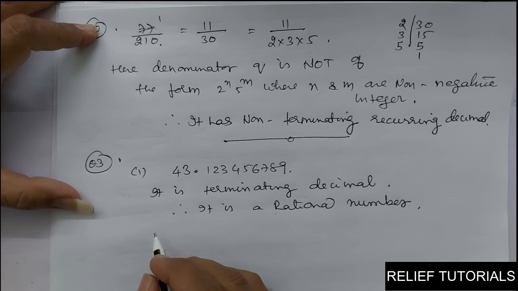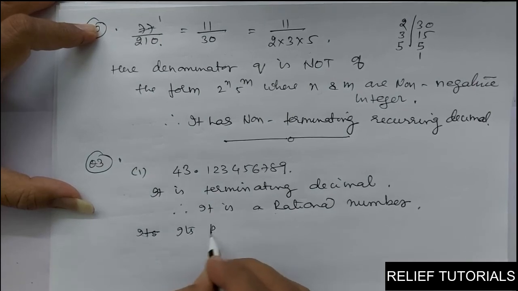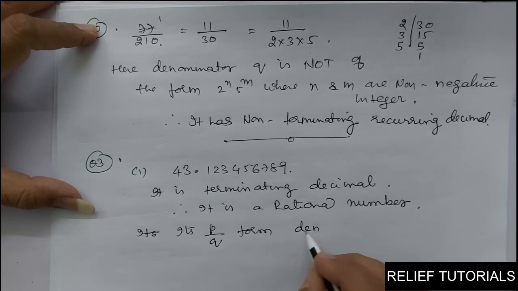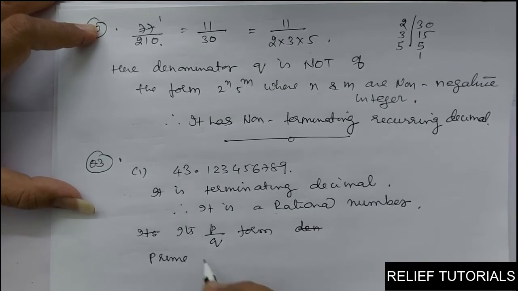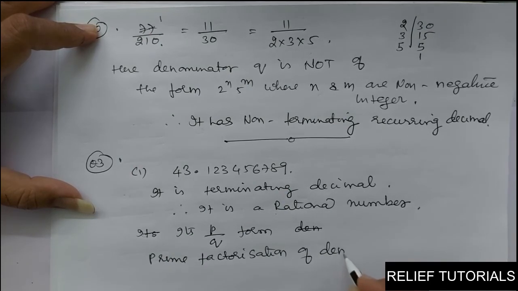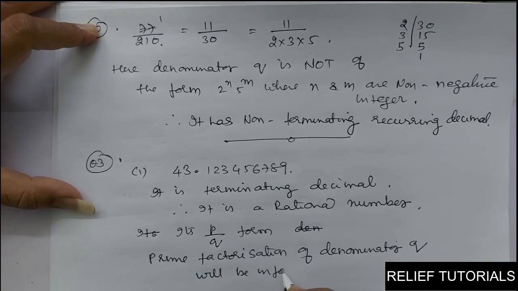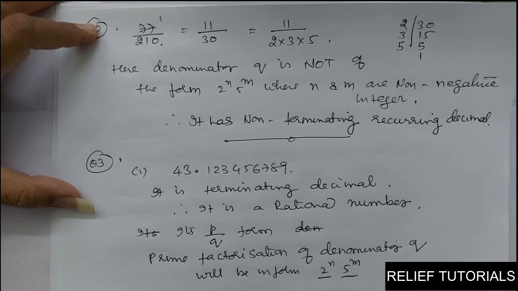So in its p by q form, the prime factorization of denominator q will be in the form 2 raised to n, 5 raised to m, meaning it will have only two prime factors, 2 or 5 or both.